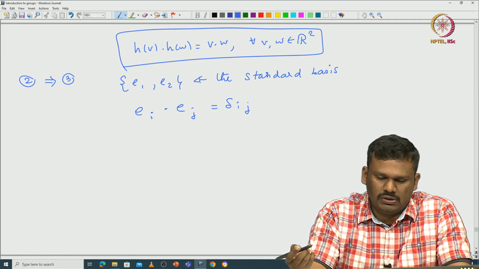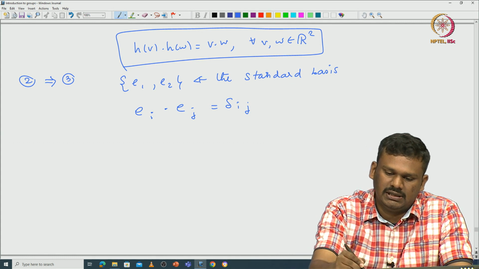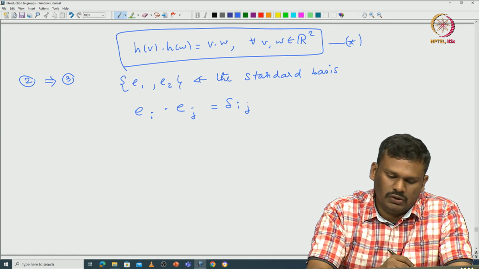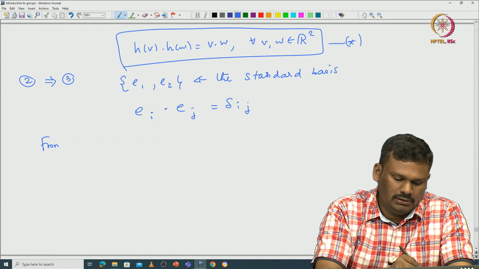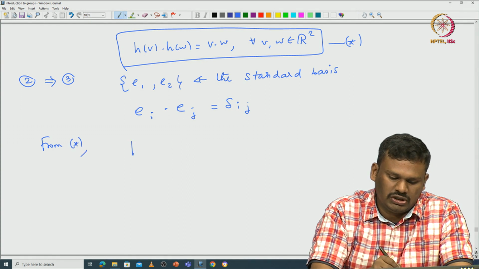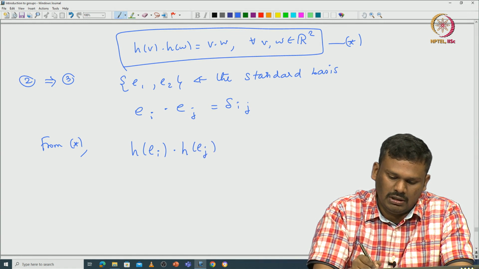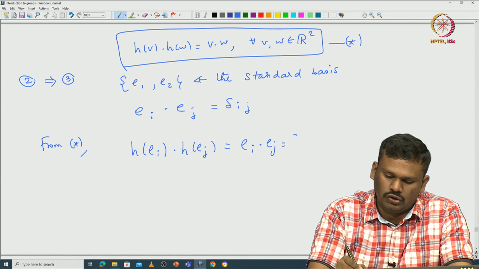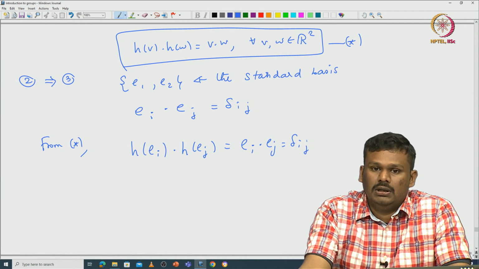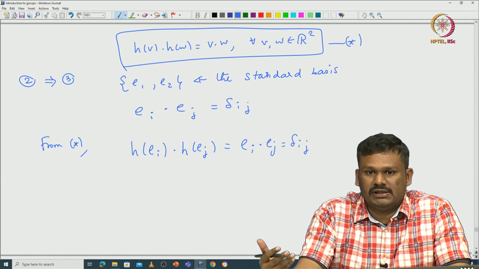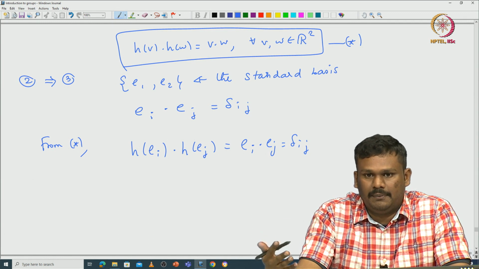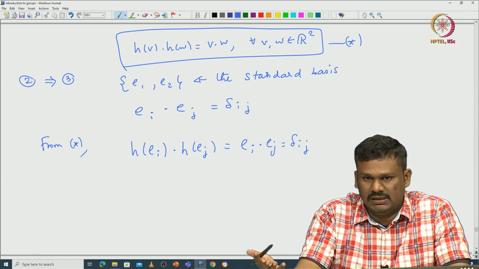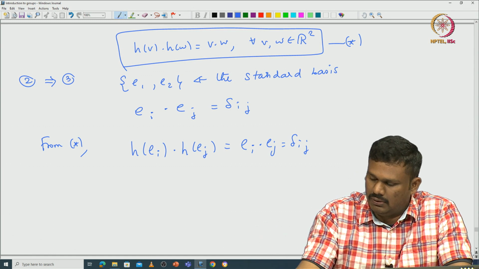In particular, if you substitute this inside this formula, from star you get H of E_i dot H of E_j is going to be E_i dot E_j, which is going to be delta ij. So, that means if H preserves inner product, then it must map an orthonormal basis to an orthonormal basis. There is no other option. Okay.